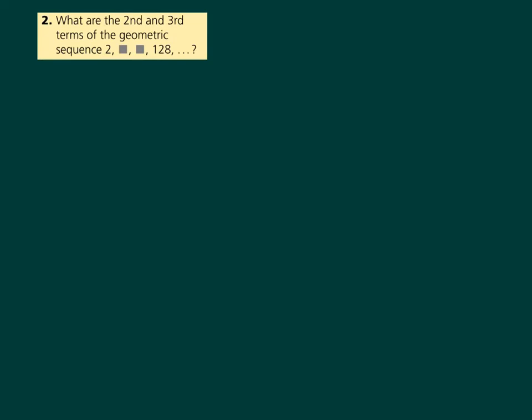What are the second and third terms of the geometric sequence? 2, blank, blank, 128. So what do we know about this situation? We know that the first term is 2. We know that the fourth term is 128. And we know that it's a geometric sequence, so we multiply by the same thing each time.